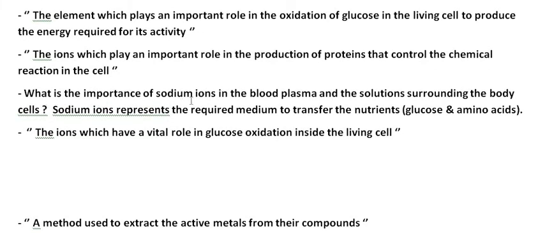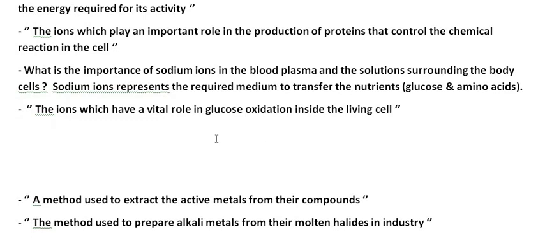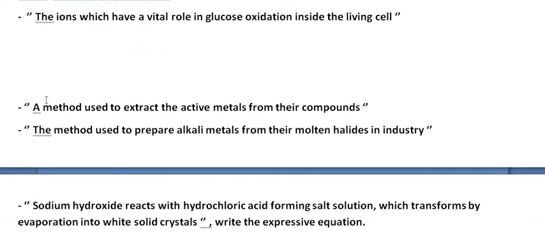And what is the importance of sodium ions in the blood plasma and the solution surrounding the body cells? Sodium ions represent the required medium to transfer nutrients such as glucose and amino acids. The ions which have a vital role in glucose oxidation inside the living cell are potassium ions.